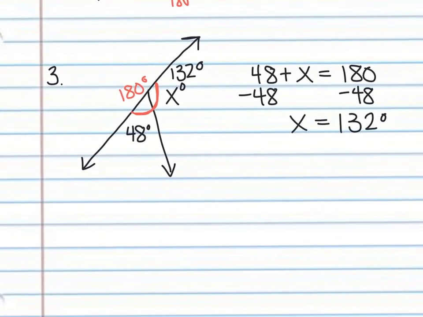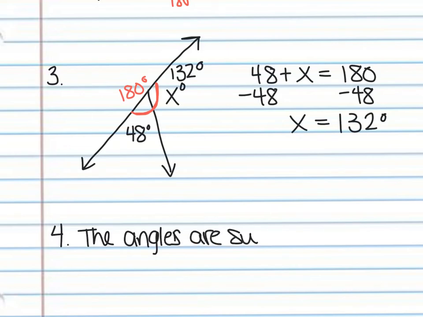We'll do one more. Again, these don't have to be on a straight line if the question tells you that they are supplementary. So I'm going to draw two angles.